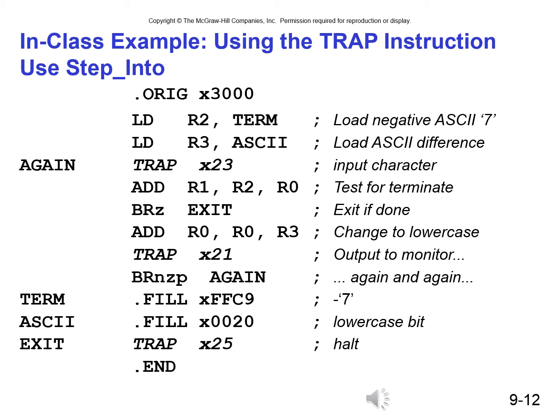And you'll see how it transfers the program counter to the value stored in the trap vector table associated with the trap routine, and then executes that routine, all the while saving the linkage back in R7 and then the return. So that would be a good time to pause this video and go watch that other video. It's called Trap Demo.